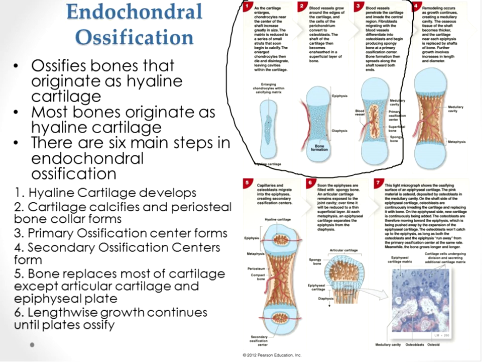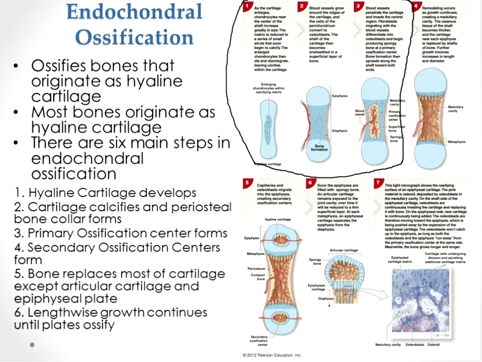Okay, and that primary ossification center is going to spread and eventually lead to, as we see here, a more open chamber that is pushing the cartilage and the epiphysis above it and pushing the cartilage and the epiphysis below it to become further separated from one another. Okay?